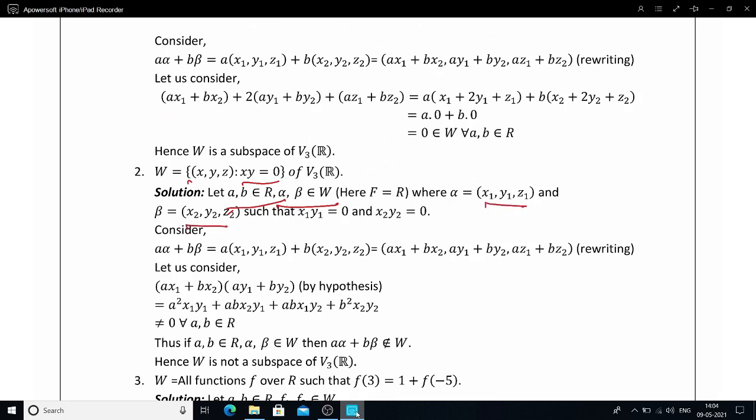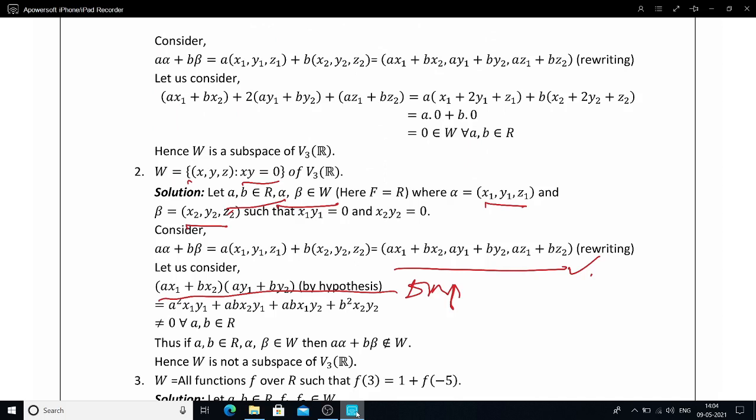A alpha plus B beta, we get this step, same as what we got in the previous example. This step is very important. See the condition of the example: product of first and second element. Here the first element is x and the second element is y.